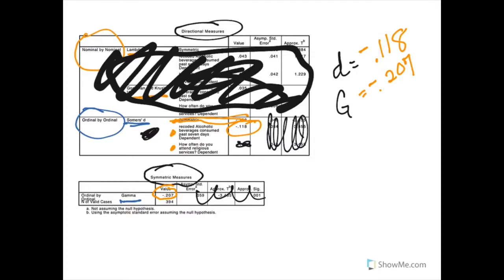So we just look at the absolute value when we are assessing strength. So don't tell anyone, but I'm just going to erase these negative signs and just kind of tell you to ignore them as well. And just look at the value. So we have 11.8% and 20.7% if we converted them to a percentage. So is that weak?